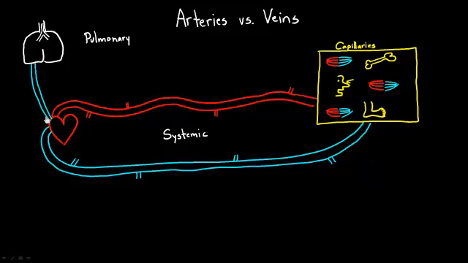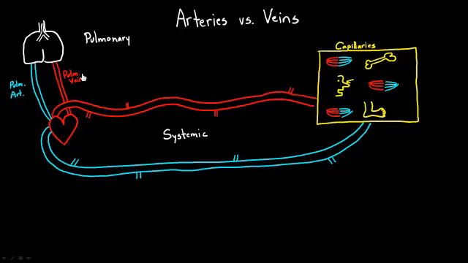And this would be the pulmonary artery. Pulmonary artery. I'll write ART for artery. And we have the pulmonary vein, bringing that blood back to the heart with oxygen in it. Pulmonary vein. So that's your pulmonary circulation.